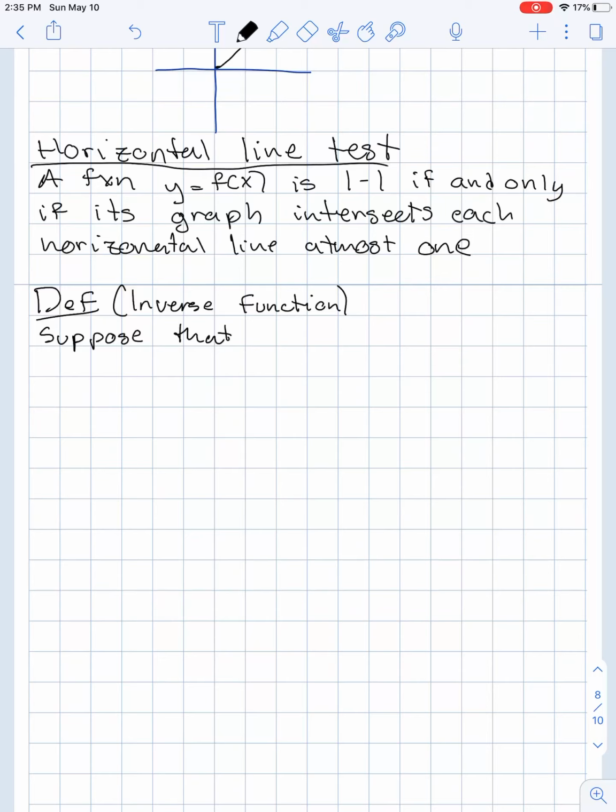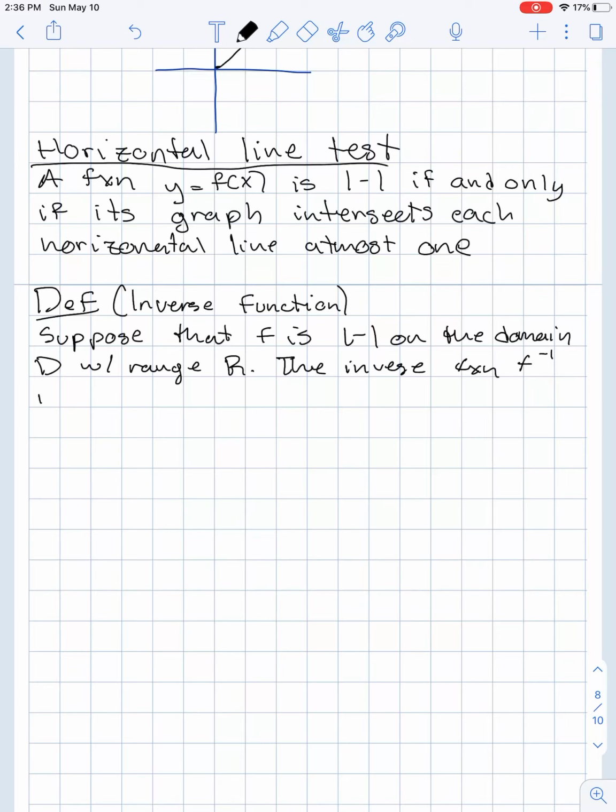So suppose we have a function f. And suppose that f is 1 to 1 on the domain D with range R. The inverse function f to the negative 1 is defined as f to the negative 1 of b equals a if f of a equals b.